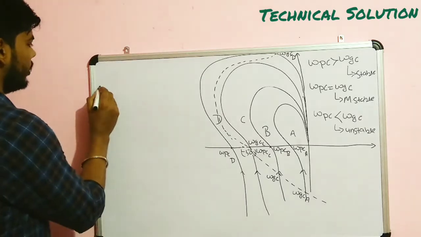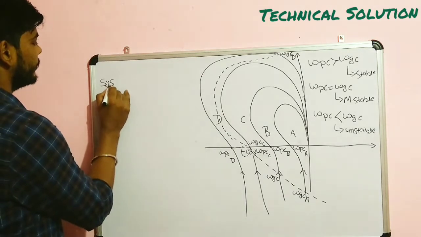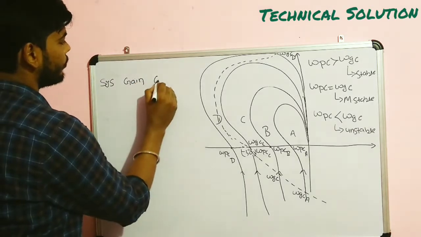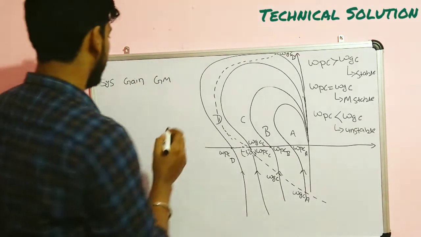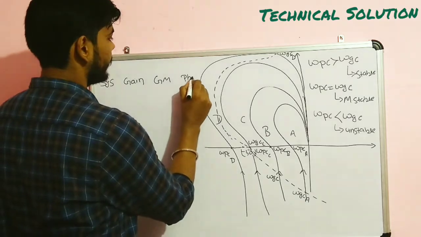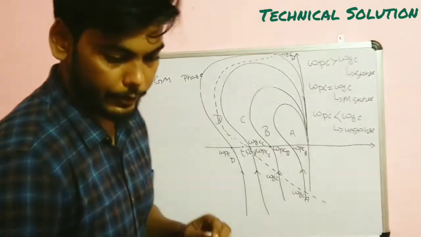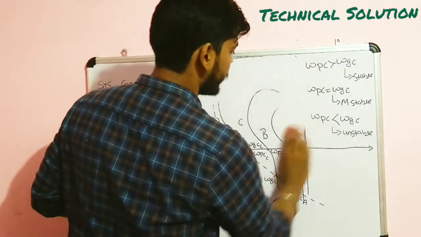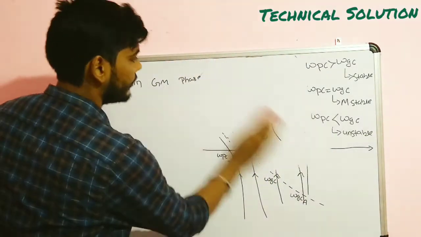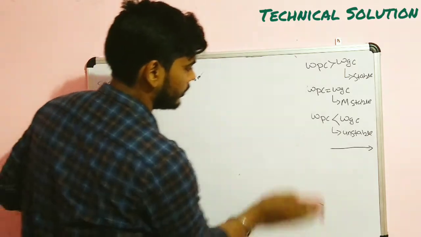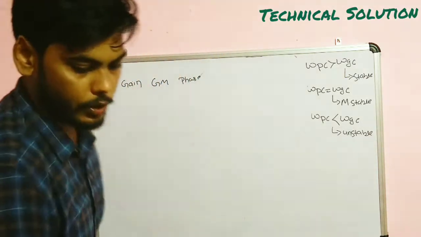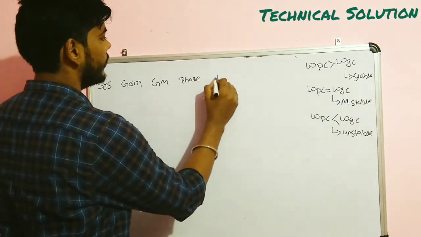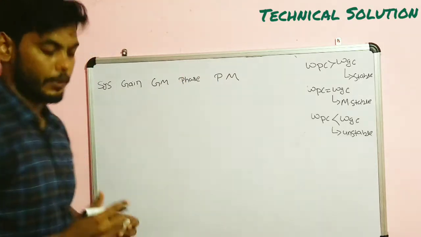Let's draw a table. Here the system, here the gain margin, here the phase. So this is the conclusion we obtain from this polar plot. The further point is phase and phase margin.